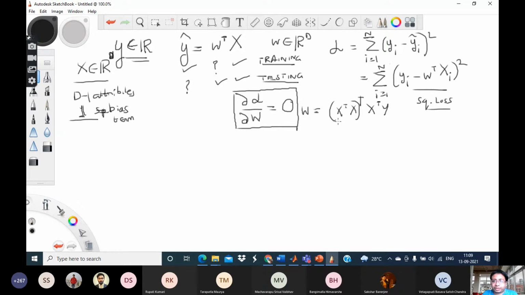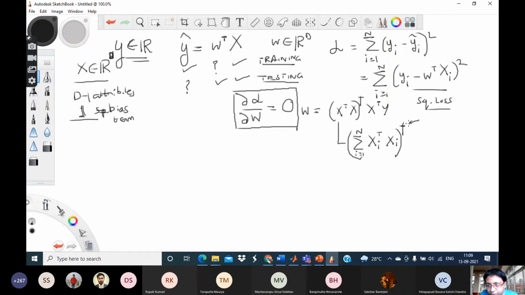Something like this, where x is a matrix. We can write this expression in two ways. In one way I can write it separately for each of the individual feature vectors like this. So what is this?